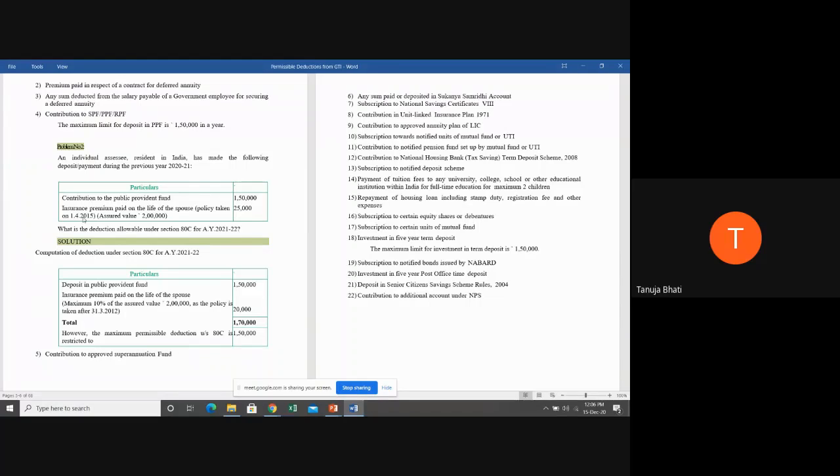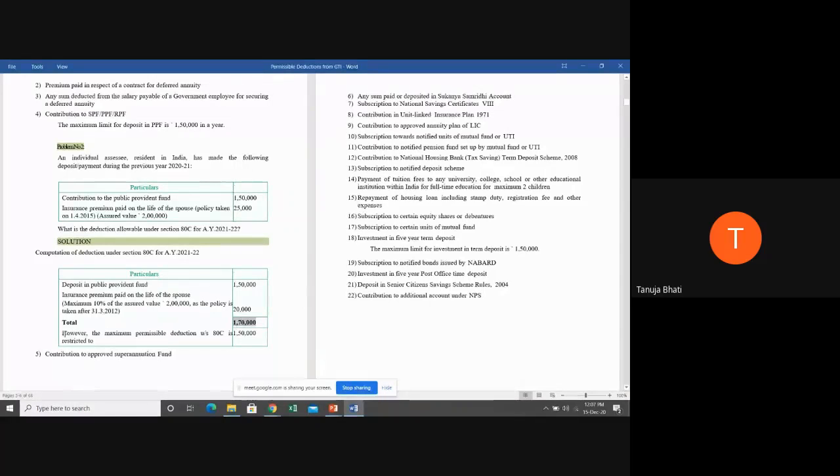of capital sum assured. So sum assured value is 2 lakh into 10%. So 20,000 or 25,000, whichever is less. So 20,000 is less. So his total under 80C is coming up to 1,70,000. But we know that total investment under section 80C is restricted to only 1,50,000.